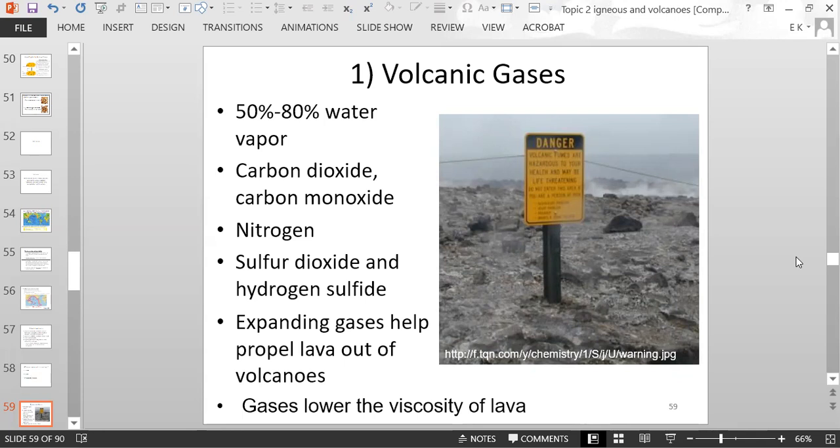So the same thing with volcanoes that have a lot of expanding gases. You're going to have a lot of volcanic materials, mainly lava, spew out of the volcano. Also, the gases lower the viscosity of the lava, allowing it to flow more easily.